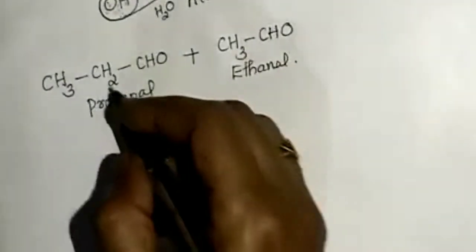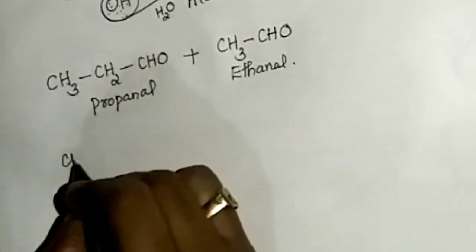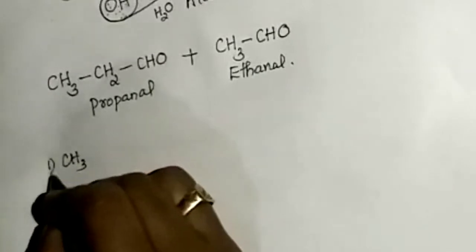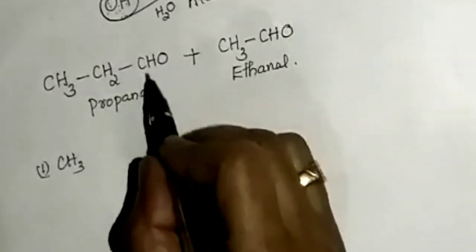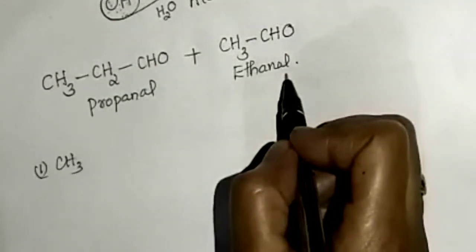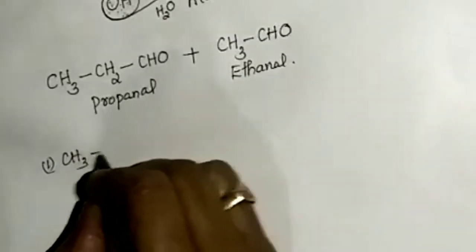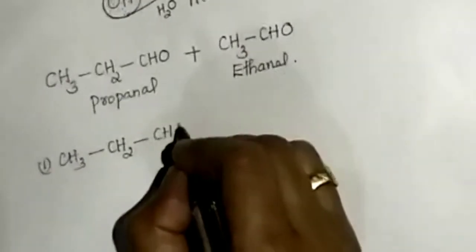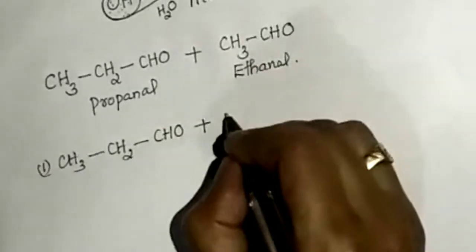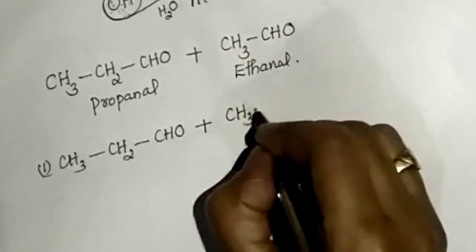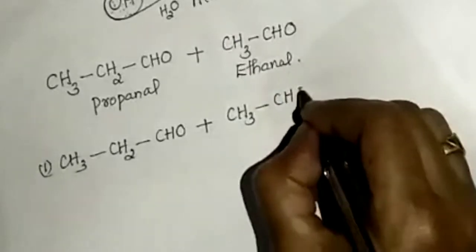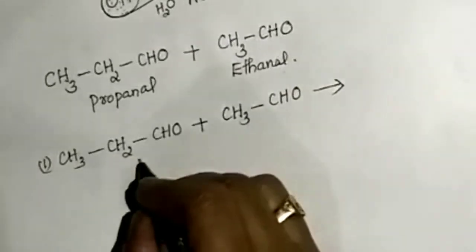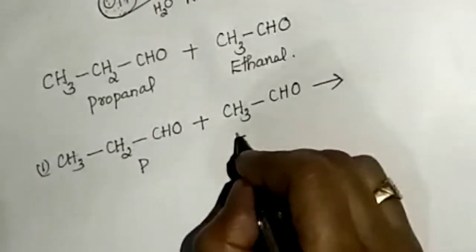First possibility: propanal plus ethanal react to form an aldol, CH3CH2CHO plus CH3CHO.